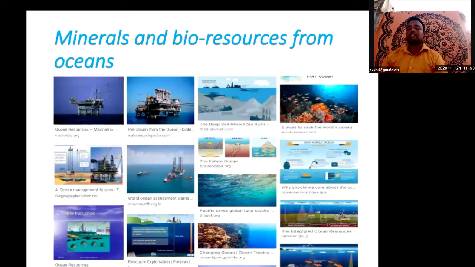There are very large reservoirs of tin, chromium, phosphate, copper, zinc, iron, lead, manganese, sulfur, uranium, etc. These elements are deposited in the seabed.